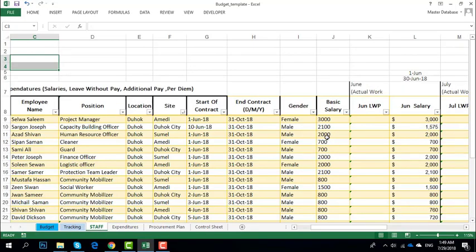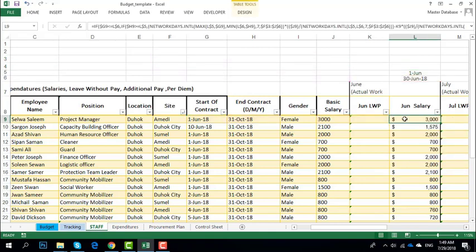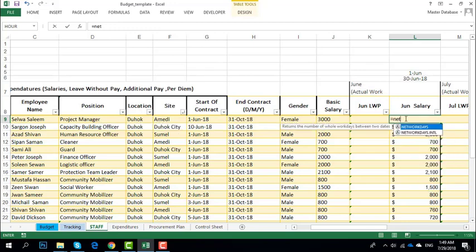Okay, so let's go into details and see how we can calculate the days. So I will remove this one and I put equal, NETWORKDAYS. Now here we have start, end, and holidays.